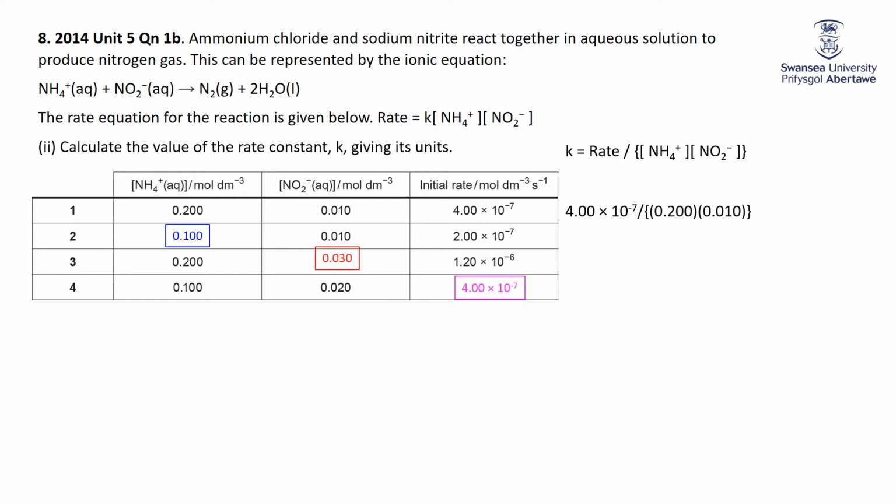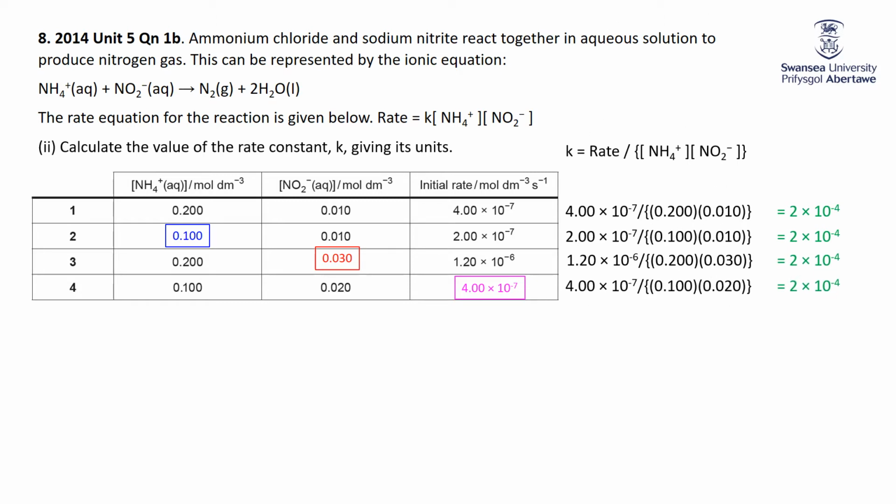When I do it for the first experiment, I get k as 2 times 10 to the minus 4. Rate, 4 times 10 to the minus 7, divided by the ammonium, 0.2, divided by the nitrite, 0.01. Punch all that into our trusty calculators, 2 times 10 to the minus 4. Do the same thing for experiments 2, 3, and 4.